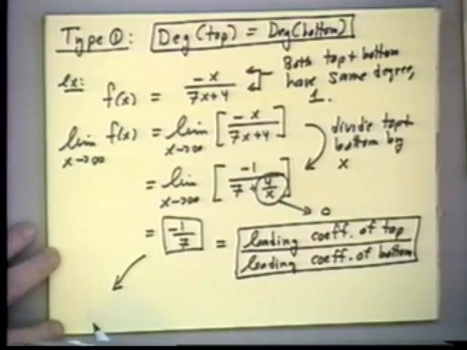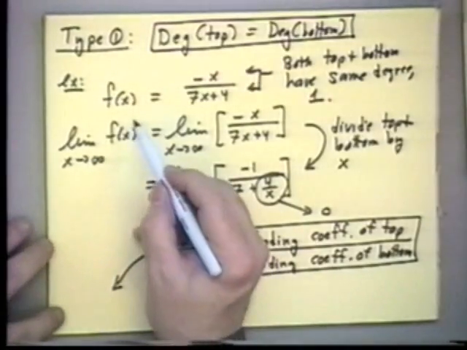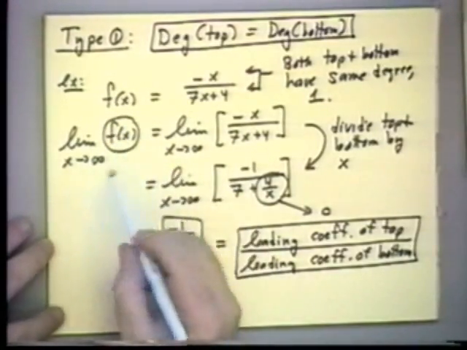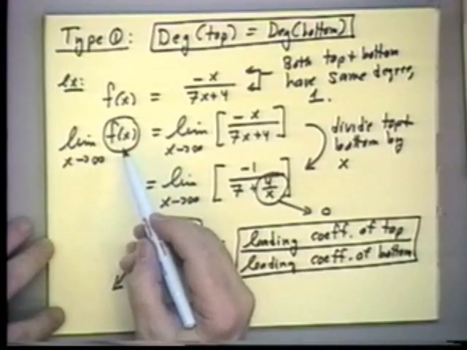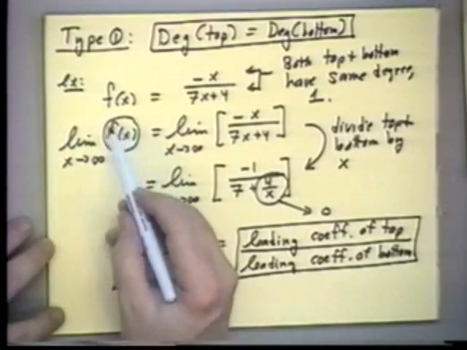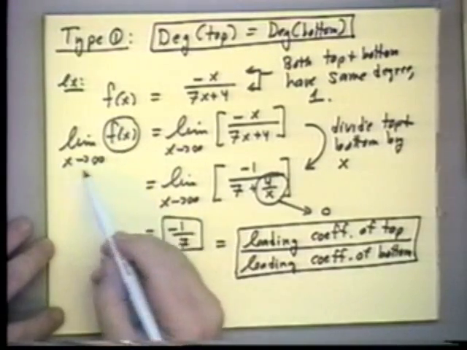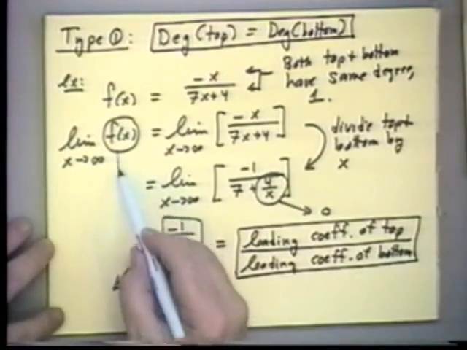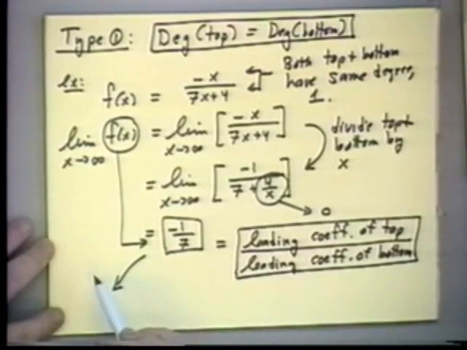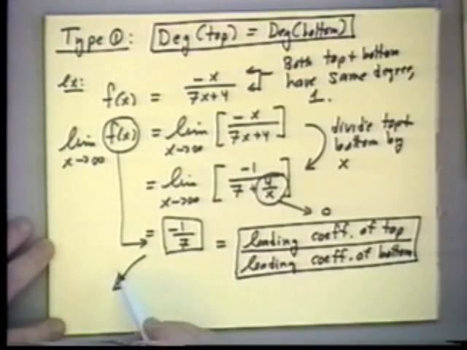Now, let me note one other thing while we're at it. Remember, when you're taking the limit of a function like this, the function represents y values, the vertical values. You're asking what vertical value is the function f of x approaching as x approaches infinity? Well, it is approaching this vertical value of minus 1/7.